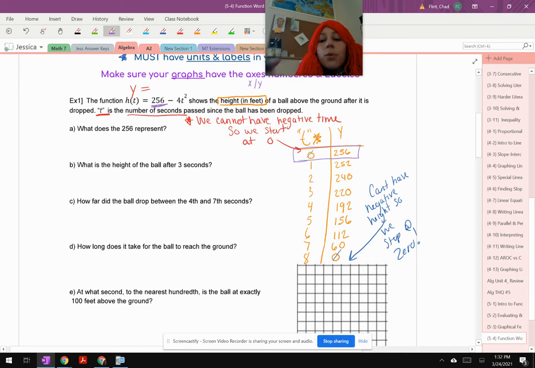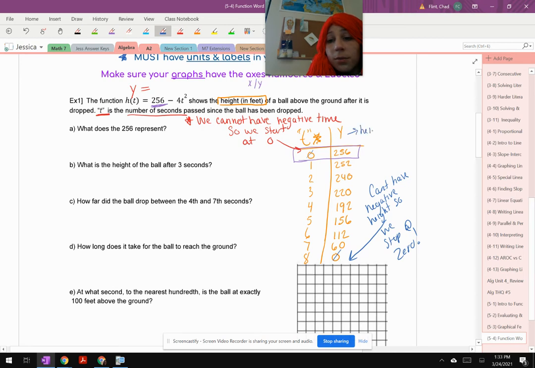We know that the y is talking about your height and the t is talking about time. So the 256 represents the height of the ball before it was dropped, because t is the number of seconds that have passed since the ball has been dropped. So if 0 seconds have passed, the ball hasn't been dropped yet.